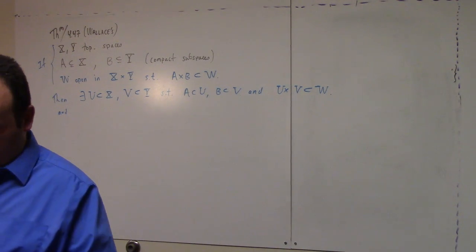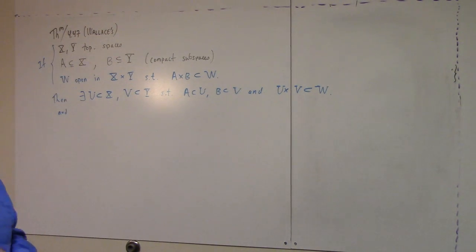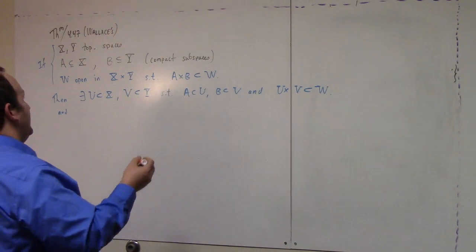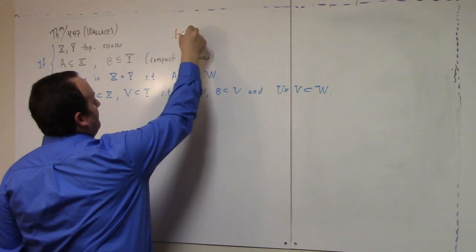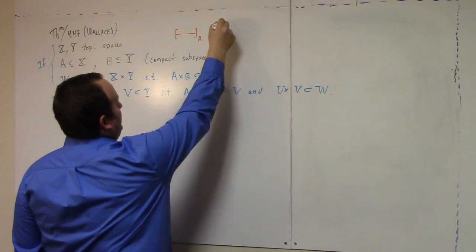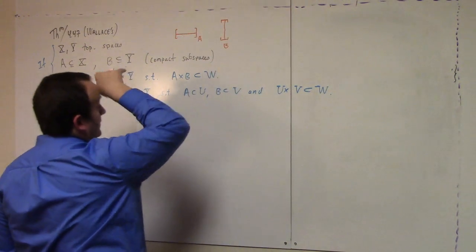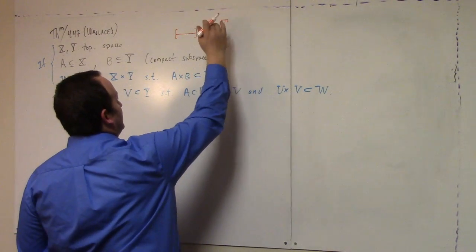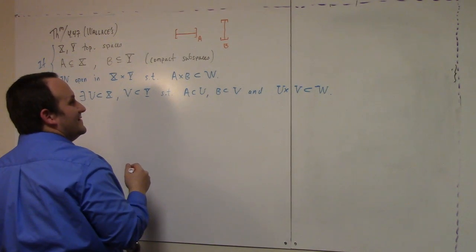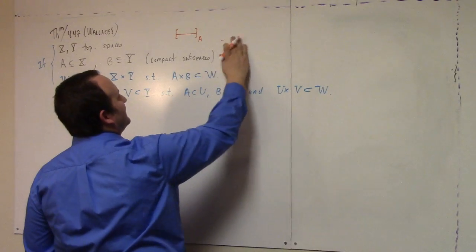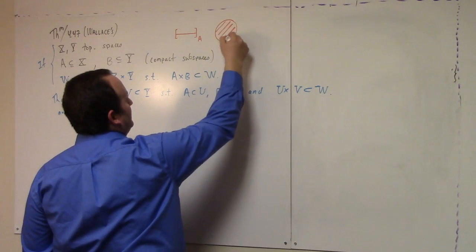I guess I could hazard a picture of this. It probably would be a mistake, but I'm going to try. So A and B compact might be something like this, a picture of A. Maybe this is a picture of B. There's a compact B as well.